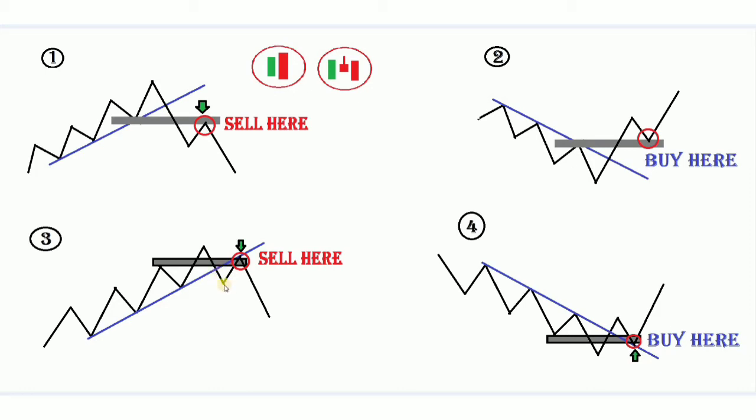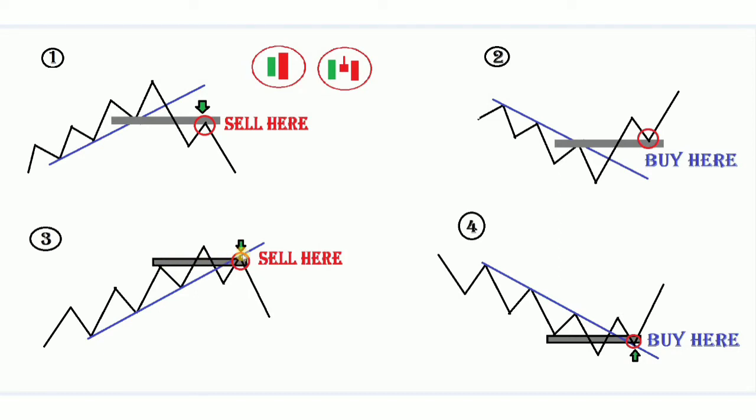Price broke the trend line, signifying that the trend has changed from an uptrend to a downtrend. Now, price came back up to retest the trend line itself, not a support and resistance level. It came to test the trend line itself, as well as a previous support and resistance level, a previous zone here.